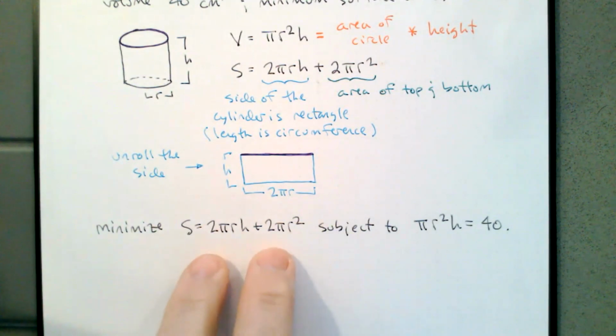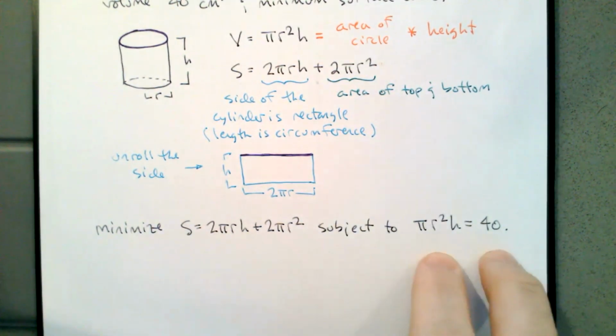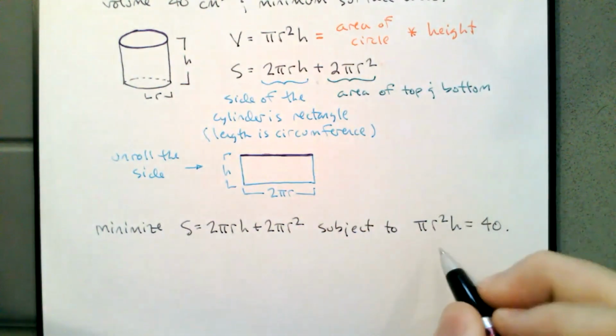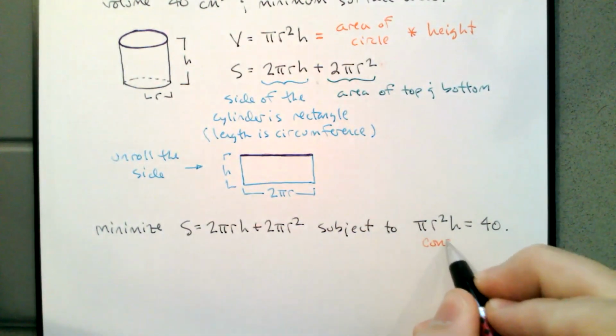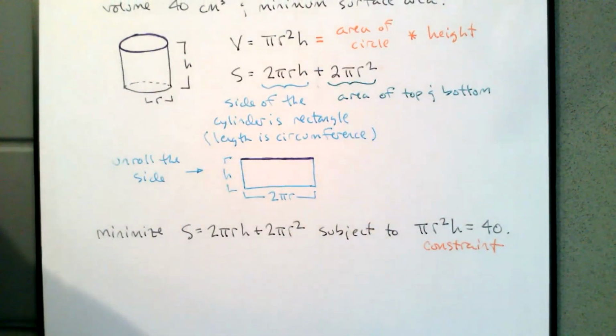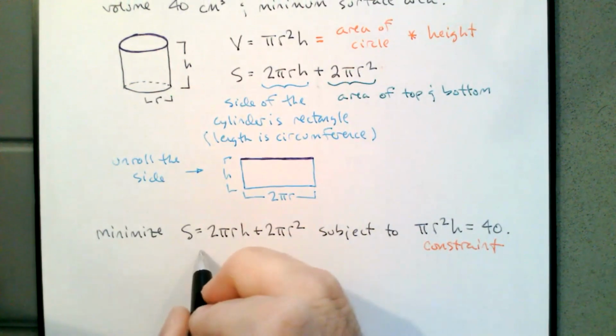So we have an objective function and a constraint function. So here is our constraint. And the other function is our objective.